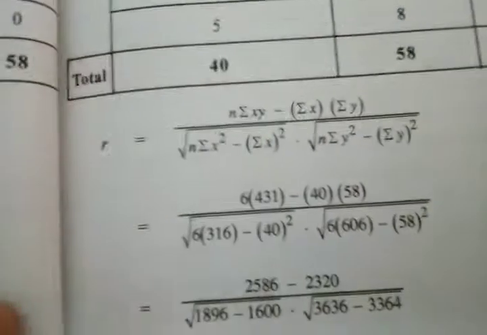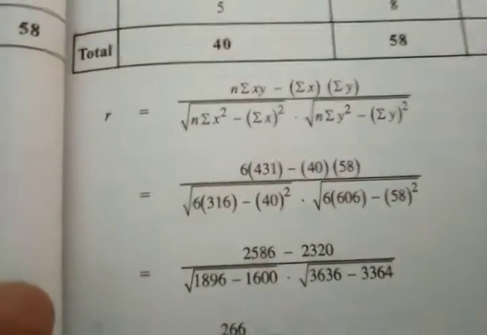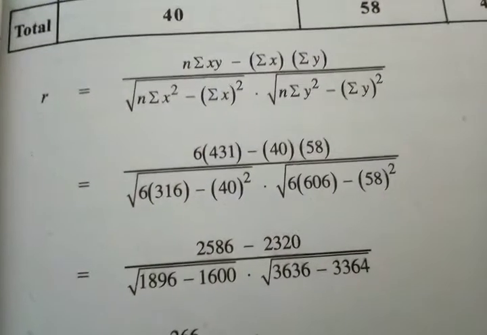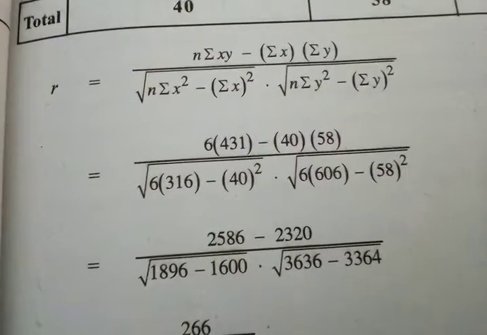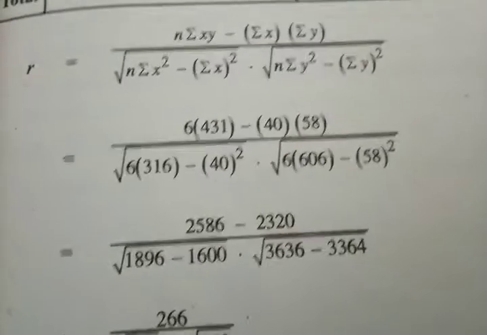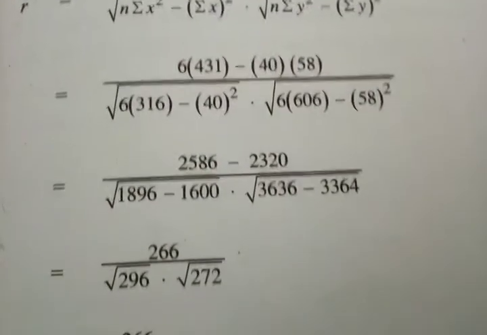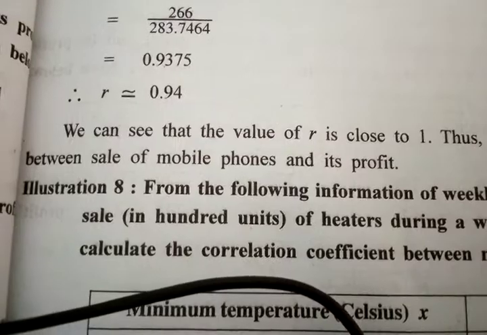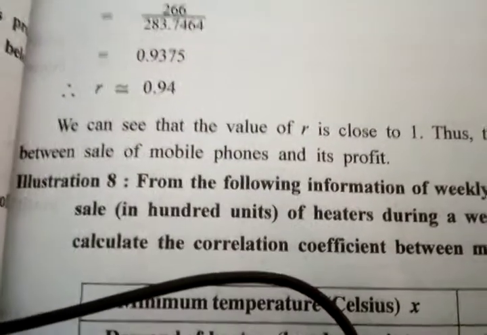Then we apply the formula r equals n into sigma xy minus sigma x sigma y upon the square root of n sigma x squared minus sigma x the whole squared, into n sigma y squared minus sigma y the whole squared. When you work that out, the final answer comes to r equal to 0.94, which is close to 1. So there is a high degree of positive correlation.